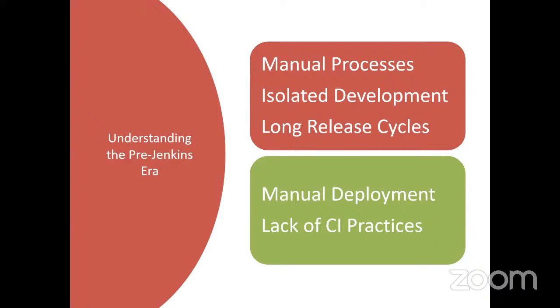But that was a lengthy process followed in an earlier era. At that time, people recognized that a DevOps process is required to automate deployment and continuous building. That is why Jenkins came.